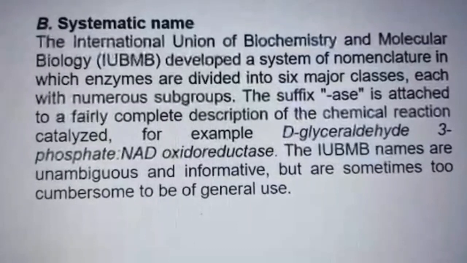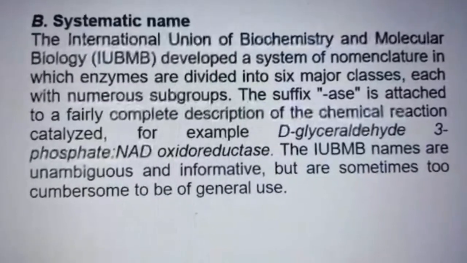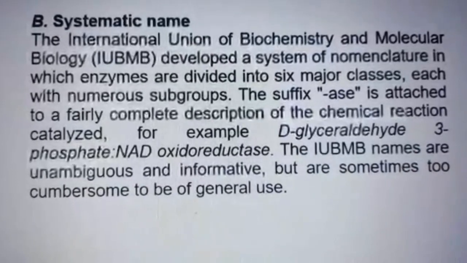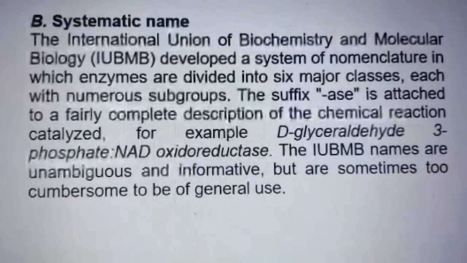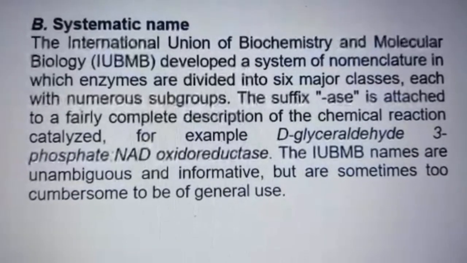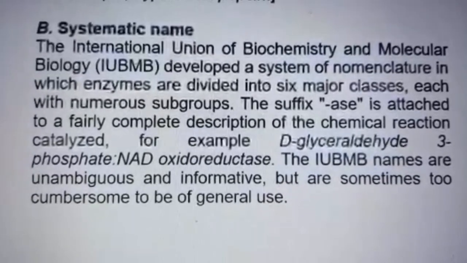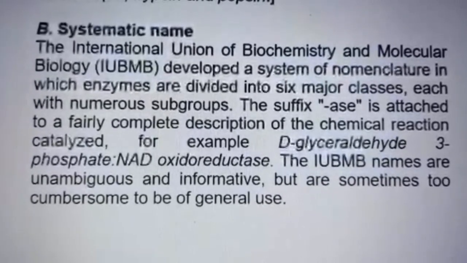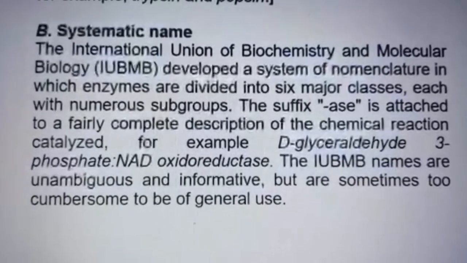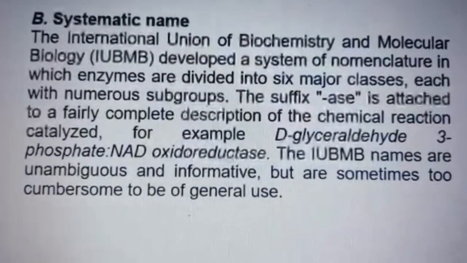The International Union of Biochemistry and Molecular Biology, IUBMB, developed a system of nomenclature in which the enzymes are divided into six major classes, as we have previously discussed. The suffix "ase" is attached to the end of each class, which completes the description of a chemical reaction catalyzed by these enzymes.